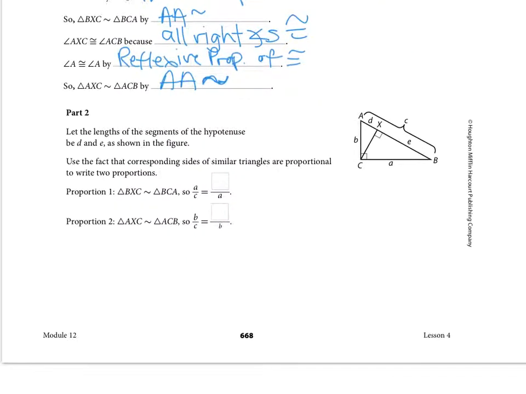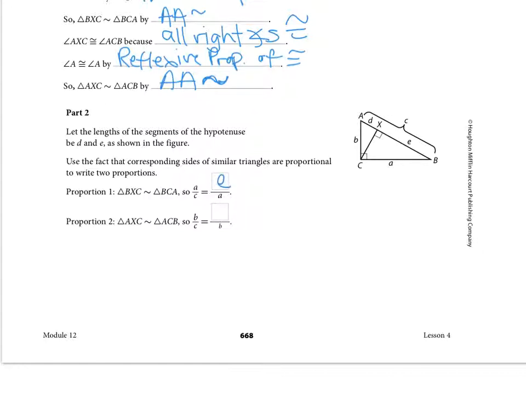The first proportion is A to C, so let's look at that long leg here, A to the whole entire hypotenuse C, is going to equal something to A. Going from the large triangle A to C, the long leg of the medium triangle, where A is the hypotenuse, which is why it's in the denominator there. The long leg of the medium triangle is E, so we'll put that in the top.